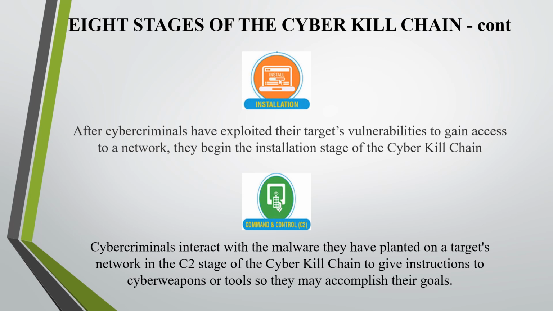The next stage is command and control, which we call C2. Cyber criminals interact with the malware that they have planted on a target's network in the C2 stage of the cyber kill chain to give instructions to their cyber weapons or tools so they may accomplish their goals.